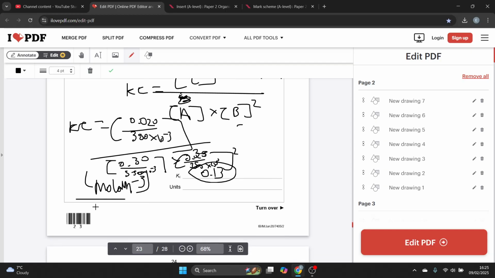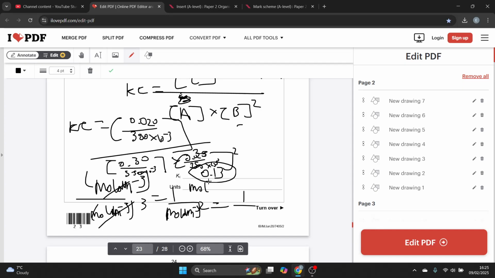Times 10 to the minus 3 cubed over times 10 to the minus 3 cubed. That'll give me 1 over 10 to the minus 3 squared, which is the same as 1 over 10 to the minus 2 dm to the power minus 9.